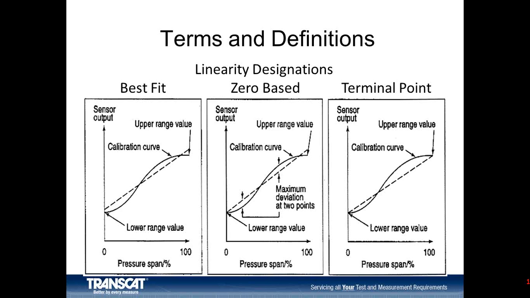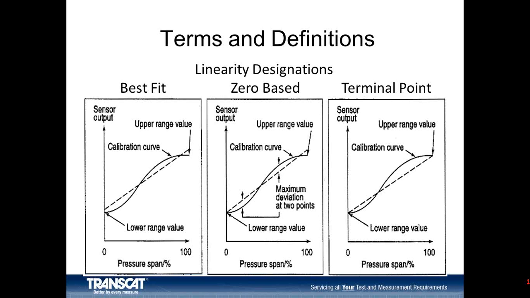Generally speaking, the terminal point nonlinearity specification applies to higher performance devices and the best fit straight line to lesser performance, but not necessarily the case. In this example, it's only here to illustrate that there are differences.